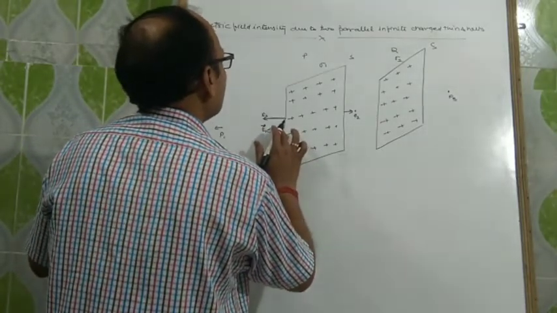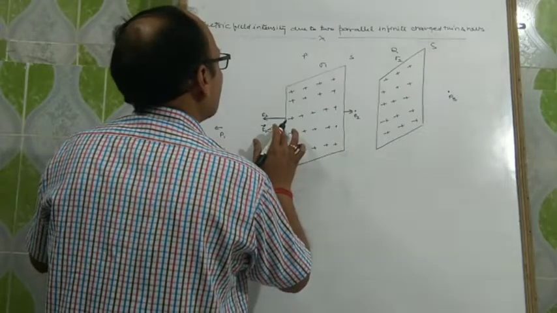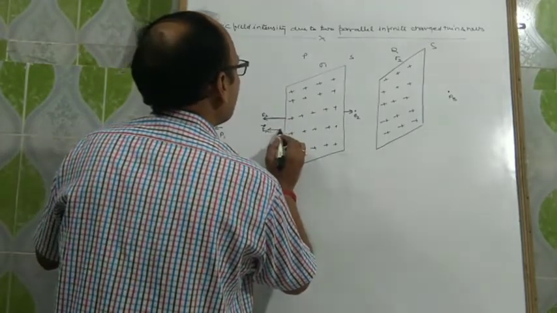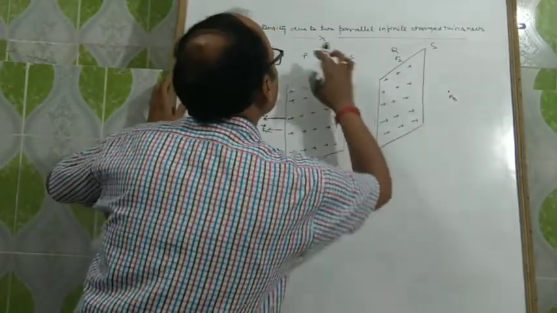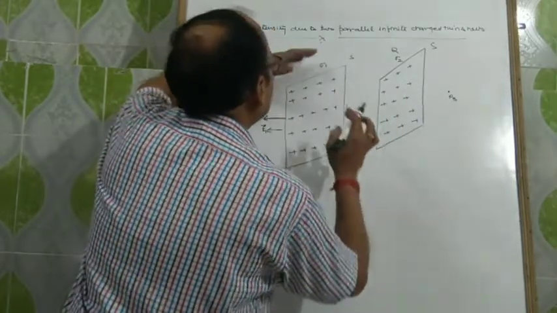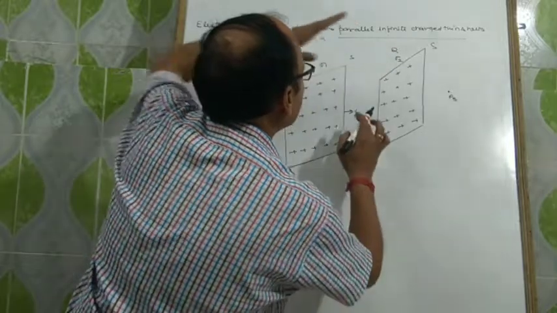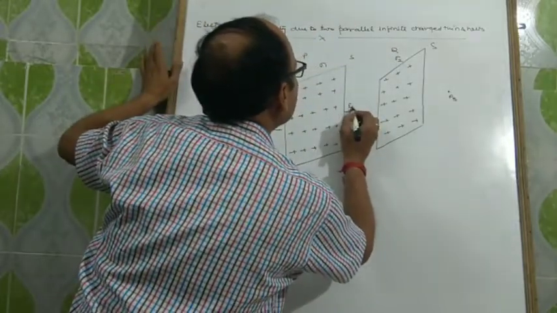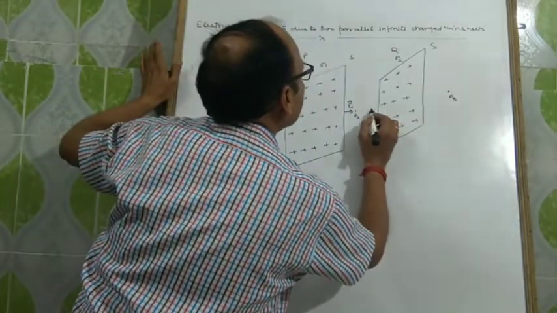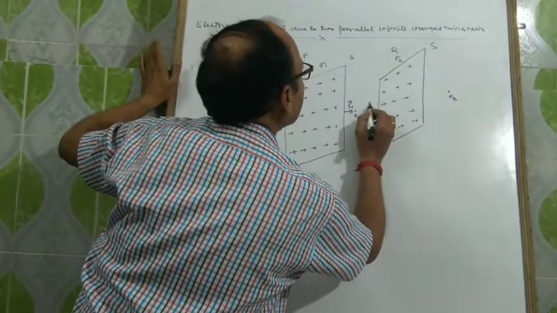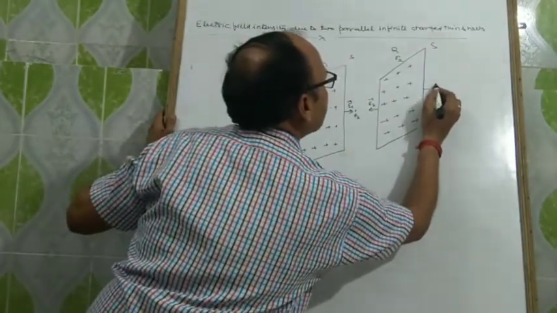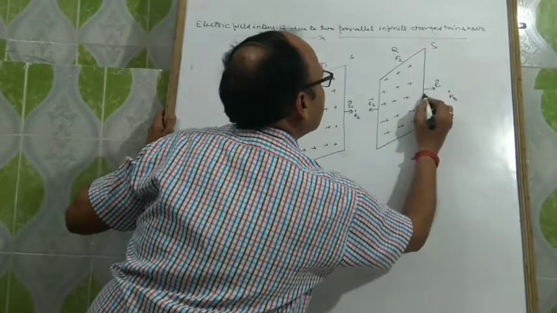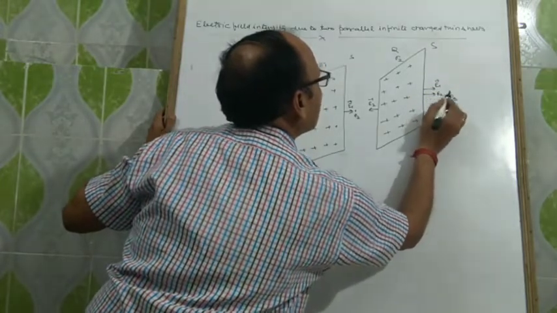E1 is due to the P sheet and E2 is due to this sheet. This is E1 and this is E2 for this point, and for this point, this is E1 and this is E2.